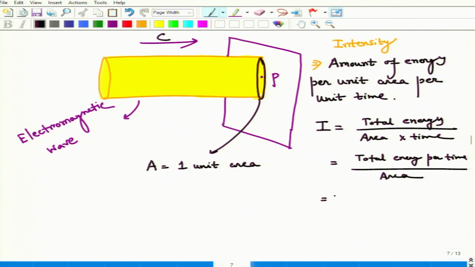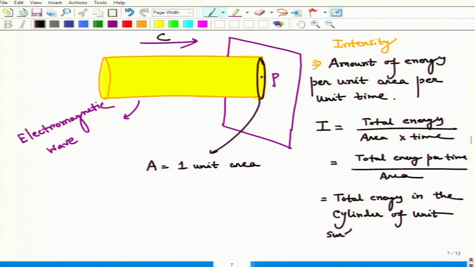So we can write it as the total energy in the cylinder having unit surface area and length of c.